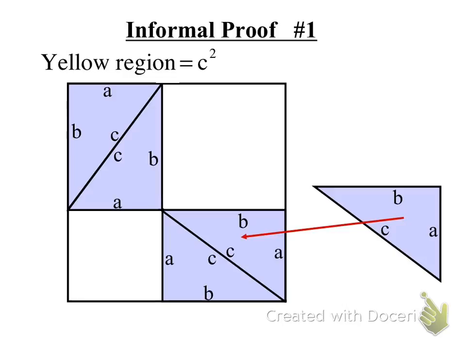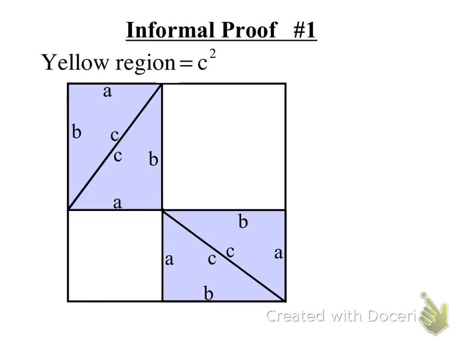Okay? Now, what is the measurement of the first white area right here? How did you get that? Side times side, so we get a squared. And what is the other white area?